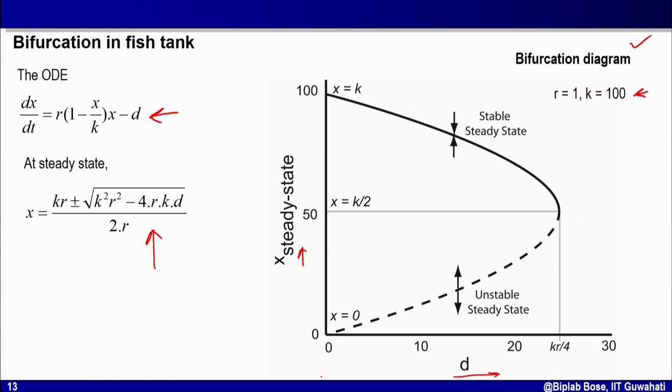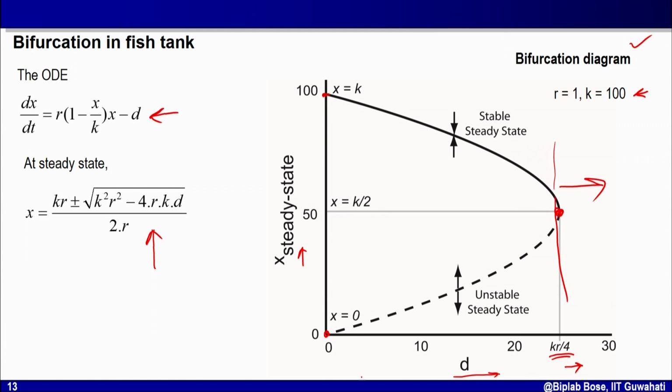If d is equal to 0, I have two steady states, one here, one here. The curve is intersecting only at 2 points. If d is bigger than kr by 4, then I do not have any real solution, so you don't see anything on this side. If d is equal to kr by 4, then I have only one possible steady state here, which is k by 2.